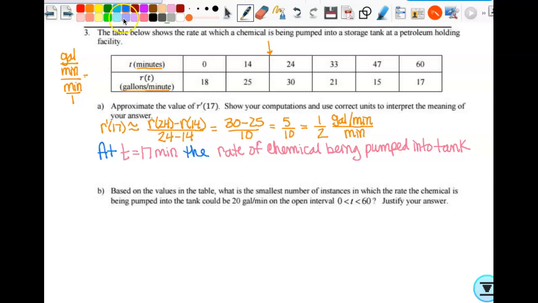Is it increasing or decreasing? It's increasing because it's positive, right? So it's a slow rate. So it's 1/2 gallons per minute. So it's small, but it is increasing. The negative is what makes it decreasing. So it is increasing at a rate of.